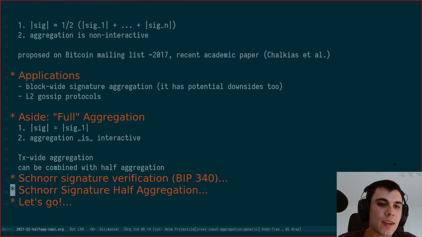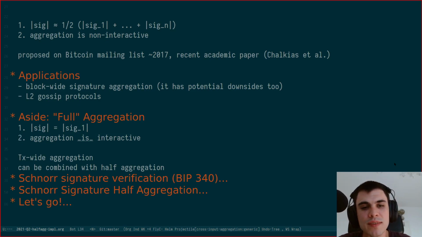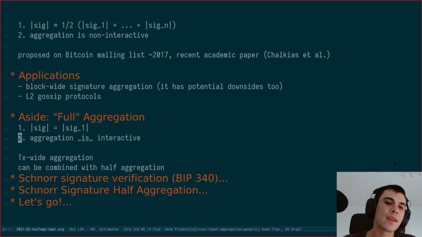Okay, as an aside, there's also the concept of "full aggregation", in quotes because there's no real established name for this. This would mean that an aggregate signature is just as big as a normal signature, which would be a huge improvement over half aggregation. But the downside is that the aggregation step really is interactive, which means that the signers need to communicate with each other to produce such an aggregate signature.